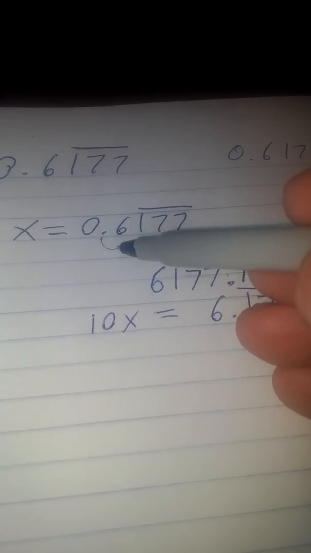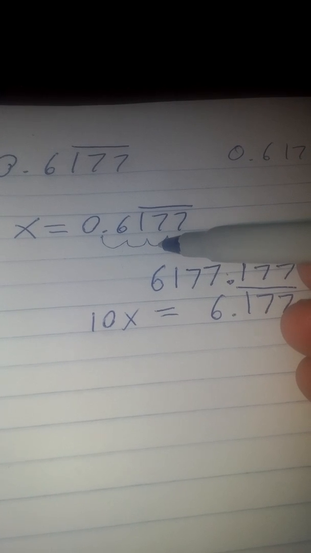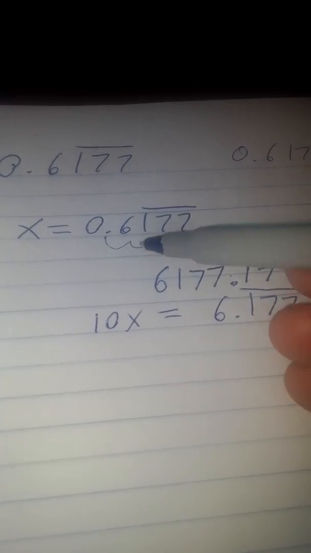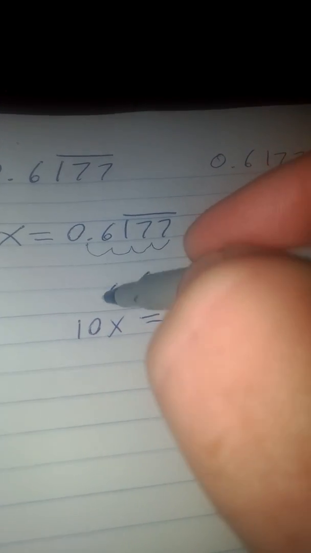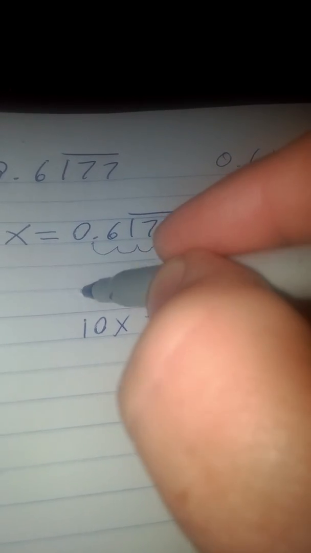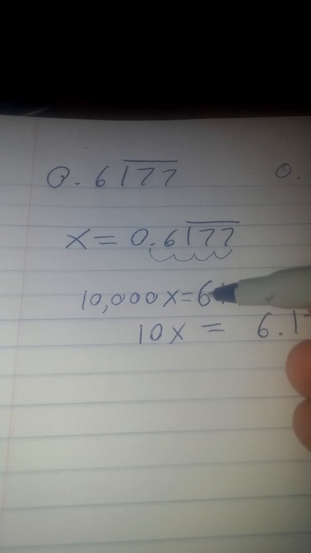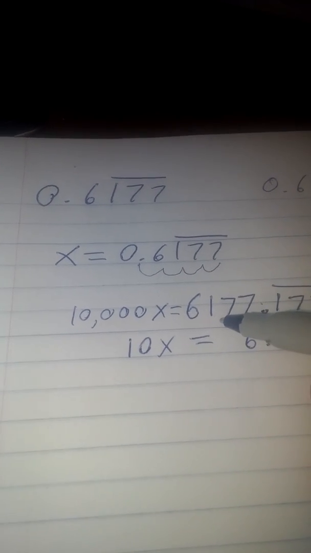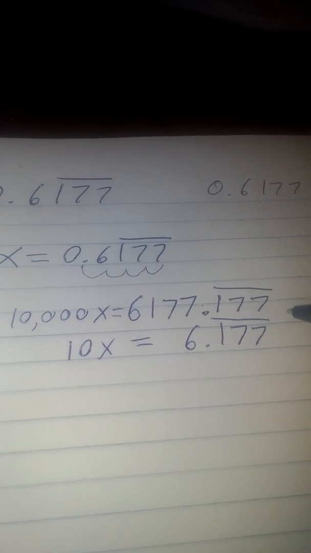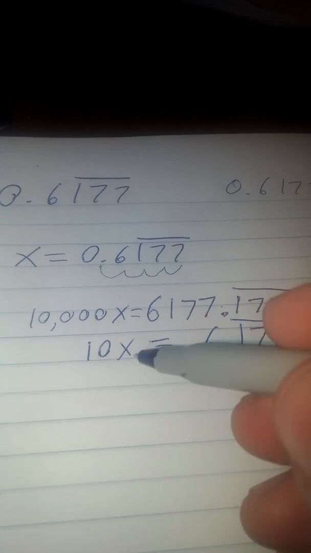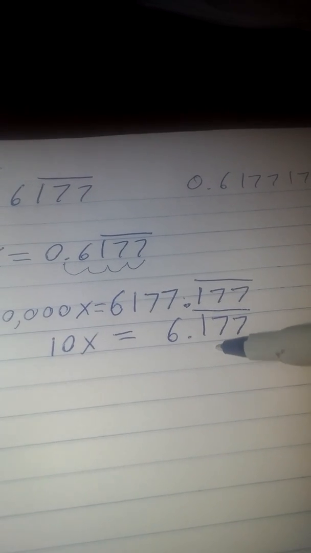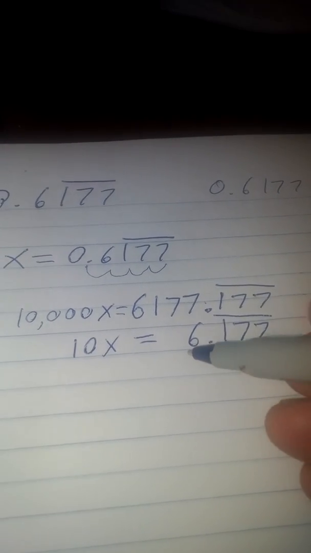So times 10, times 100, times 1,000, times 10,000. So that's 10,000x equals 6,177.177 repeating. And we got 10x equals 6.177 repeating.